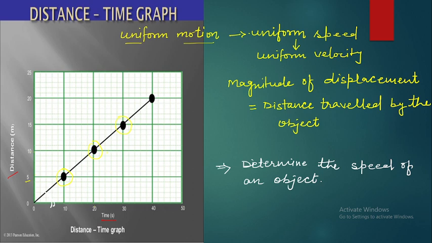If you take the magnitude of displacement equal to the distance traveled by the object for a straight line motion, we can use the distance time graph to determine the speed of an object.